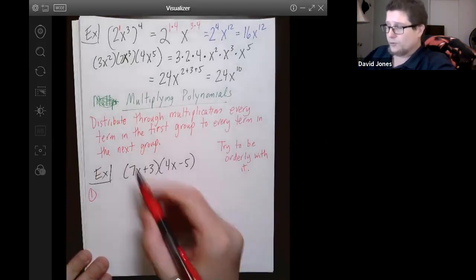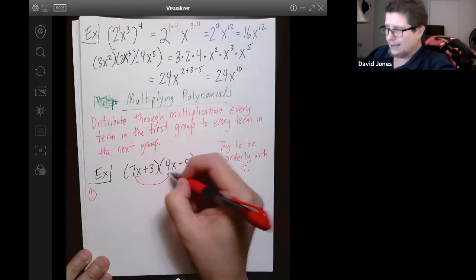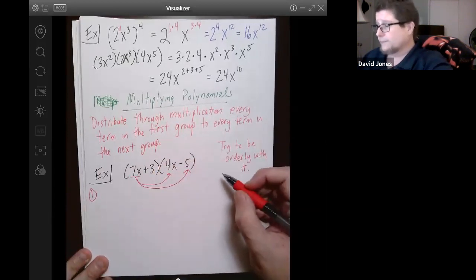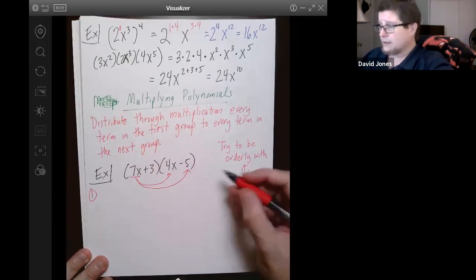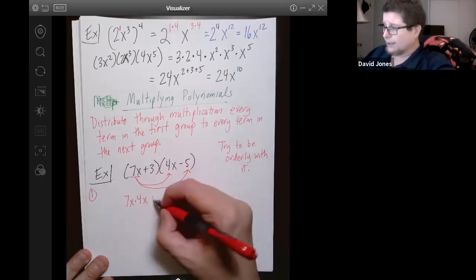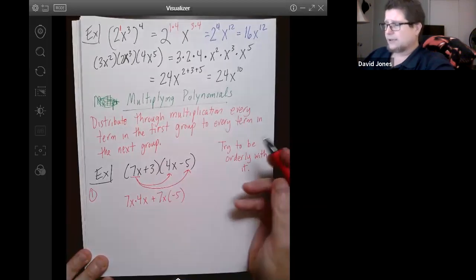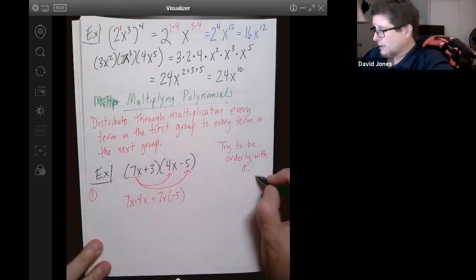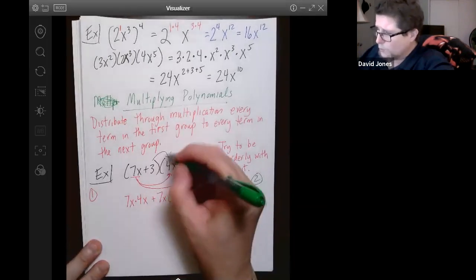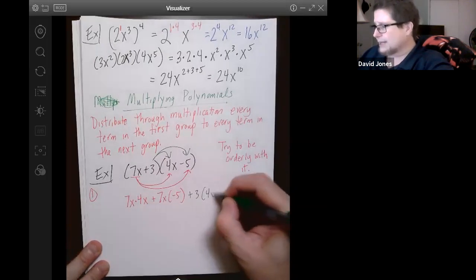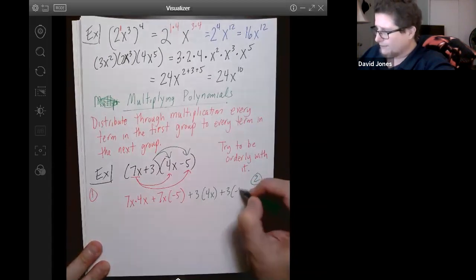I'm going to distribute this one to everything in the second group. So I've got 7x times 4x plus 7x times negative 5. And then I'll do a different color for the other one. Then I'll distribute the 3 to everything in the second group, plus 3 times 4x plus 3 times negative 5.